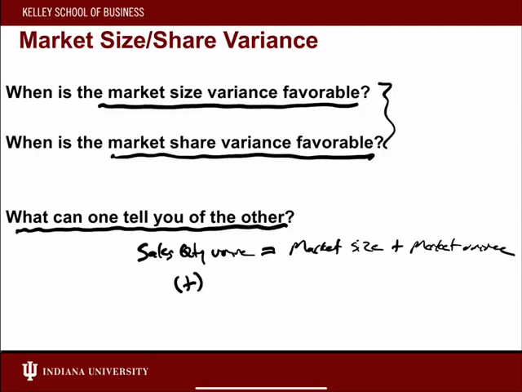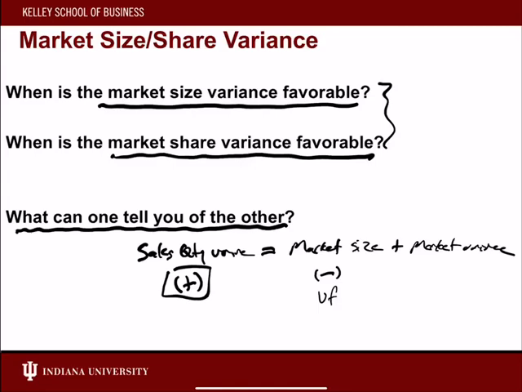If we see evidence out there that the market size, say, went down, so we know that market size, we should have an unfavorable variance because overall people aren't buying our type of product. Well, then we could look at this formula and we know, well, if our sales quantity variance went up, we had a positive variance, but our market size was unfavorable.